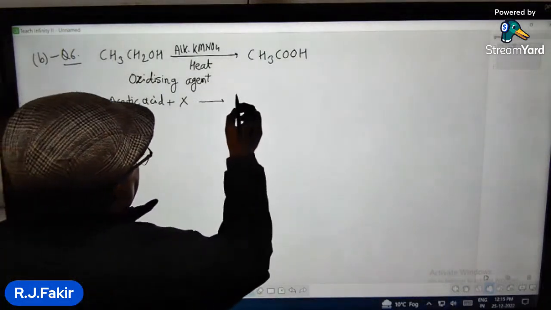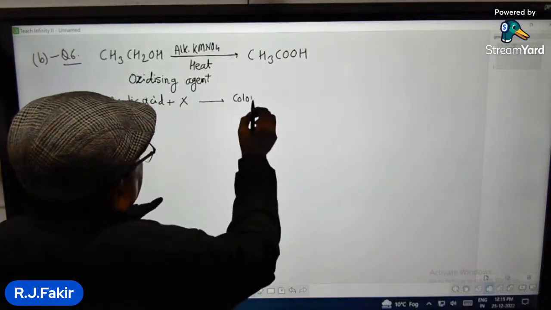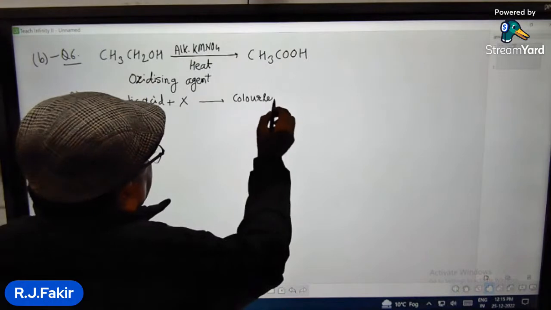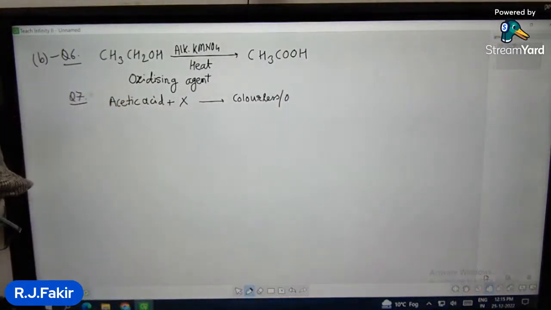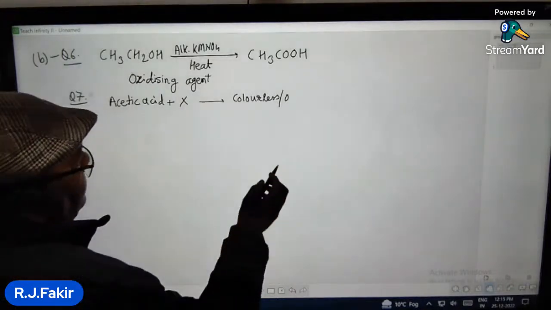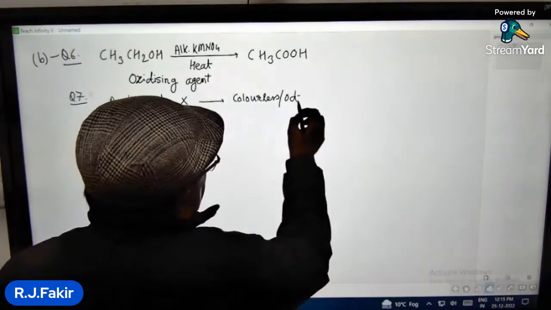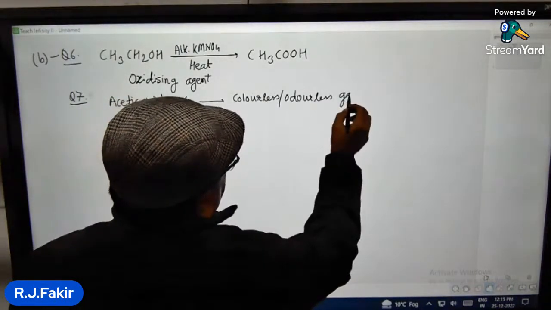So this is a characteristic. After this reaction, a colorless and odorless gas was evolved.